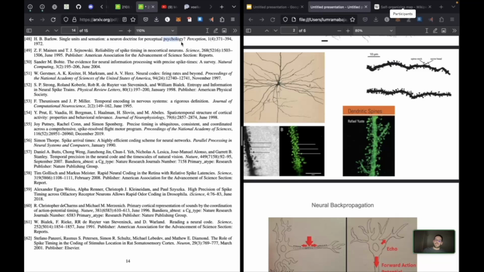But the dominant narrative, even today, I would argue, is that neurons are way simpler than they actually are. I think it would be a way healthier approach for people in neuroscience, but also in AI, who are interested in neuroscience, to imagine neurons more like today's artificial neural networks rather than today's simple units, so to say.